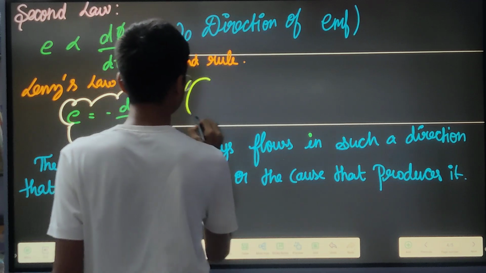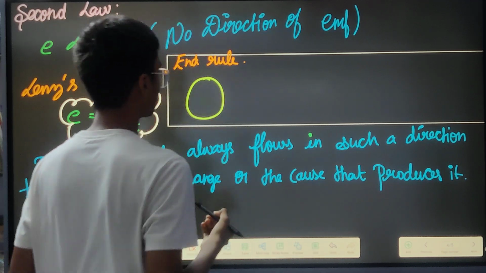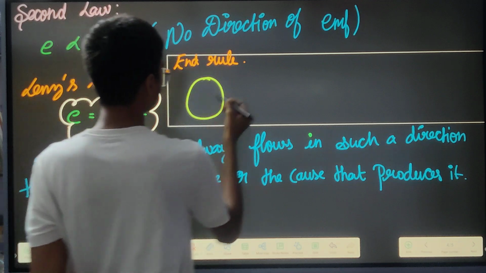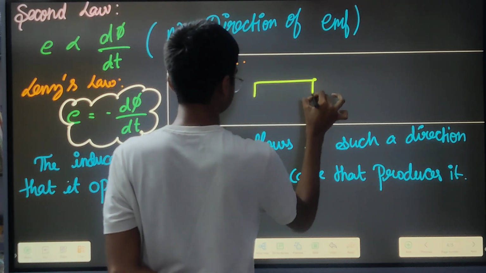For example, you are having a circuit, and here you are having a magnet.